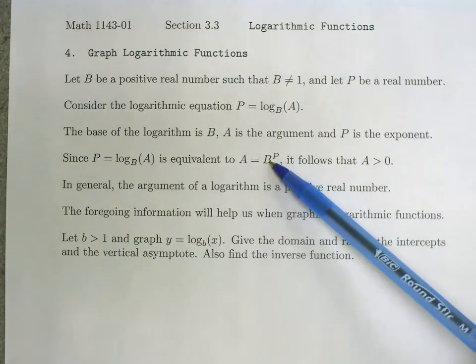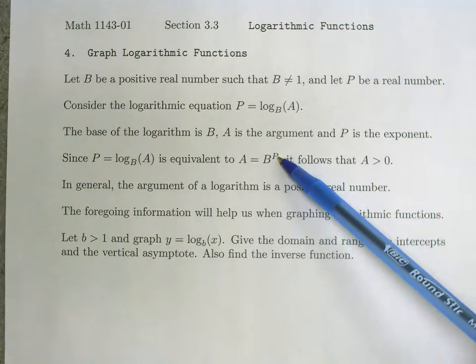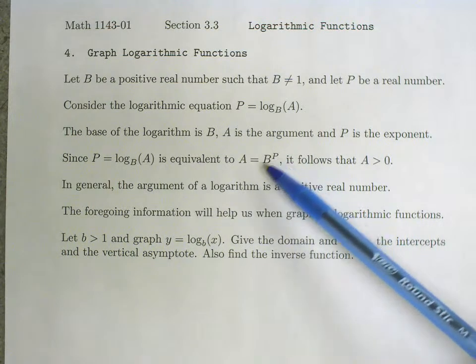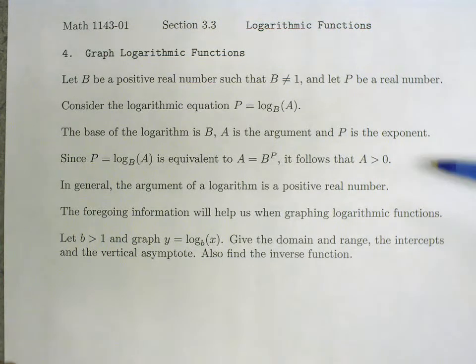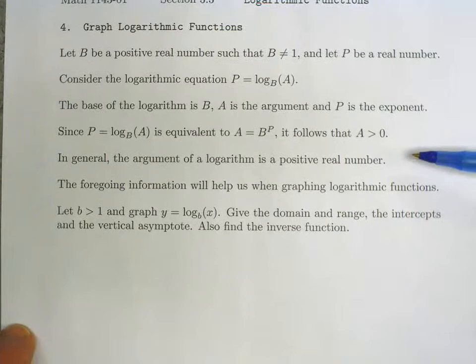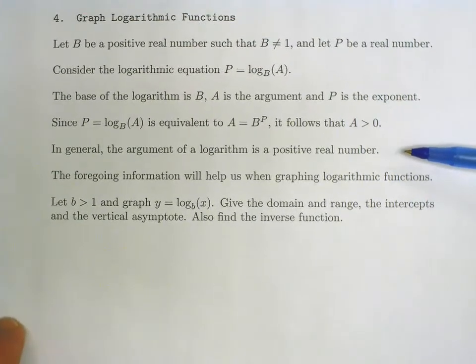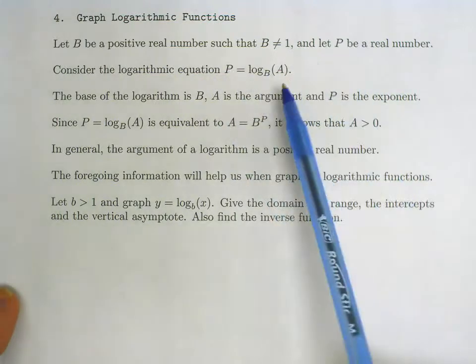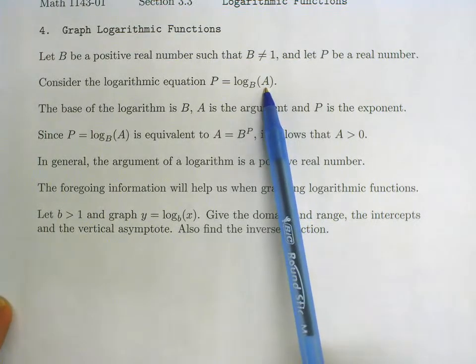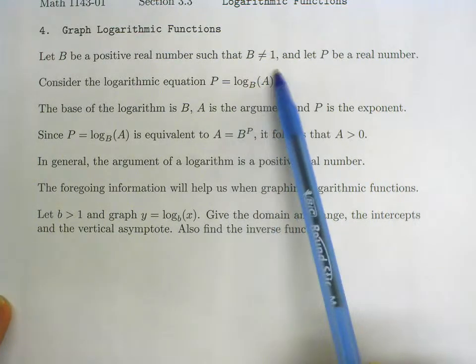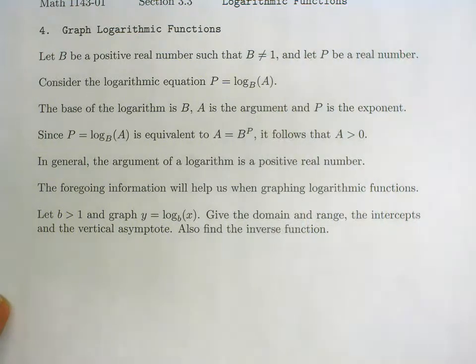If the base number B is positive, then you can raise that number to any exponent from negative infinity to positive infinity, and it will still be positive. So the important thing to remember is that the argument of a logarithm is a positive real number. For a logarithmic equation like this one, whatever number goes inside the argument has to be greater than 0.